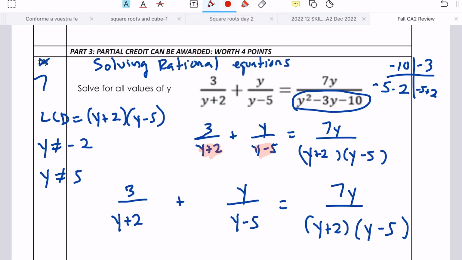Now, if we see y plus 2 and y minus 5, we're going to see that this denominator is missing something. What is this denominator missing? It's probably missing the y minus 5. Yes, the y minus 5. How about this one, Raul? What is this denominator missing here?